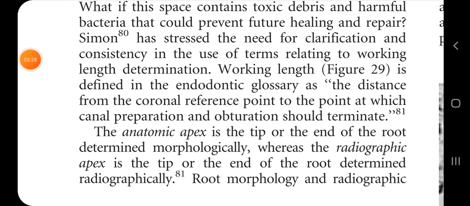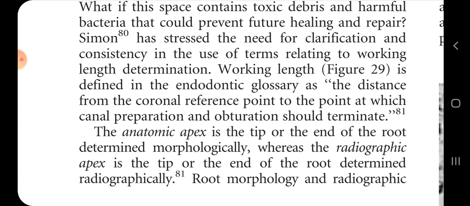The anatomic apex is the tip or the end of the root determined morphologically, whereas the radiographic apex is the tip or the end of the root determined radiographically. Simple.